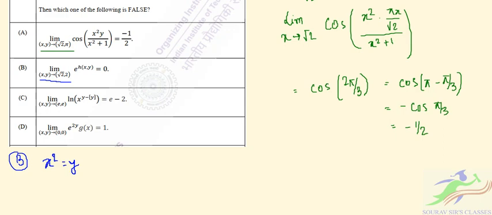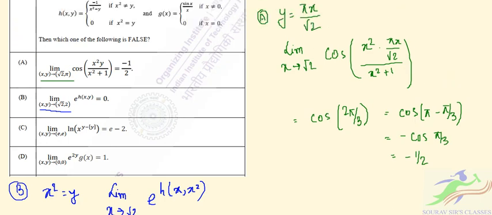So when we put y equal to 2, x equals root 2. So in the same way we can write the limit x tends to root 2 of e to the power h of (x, x square). Okay, so now see the function h(x).